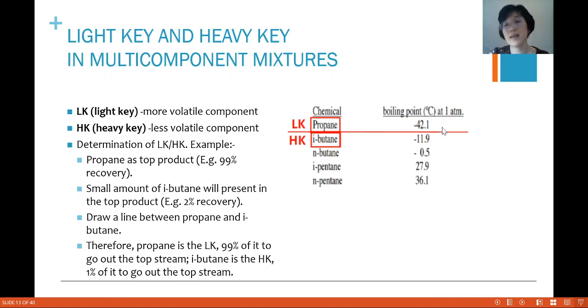Then that is our light key. In the top product, you may also have a little bit of heavy key, like i-butane. So in this case, if we draw a line in between propane and i-butane, then we can identify propane as light key and i-butane as heavy key.